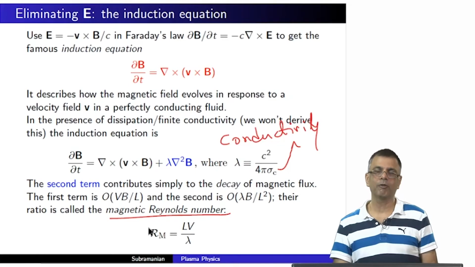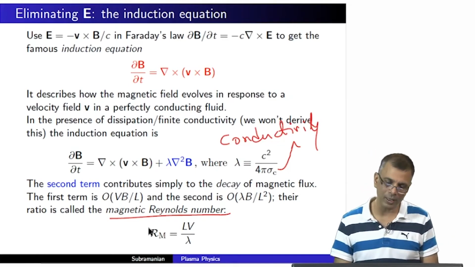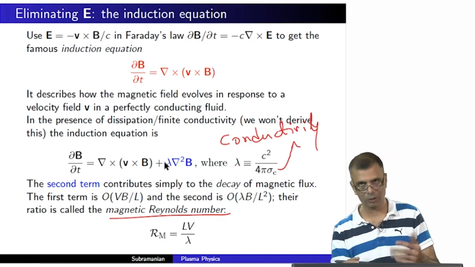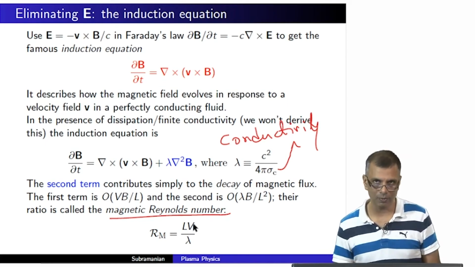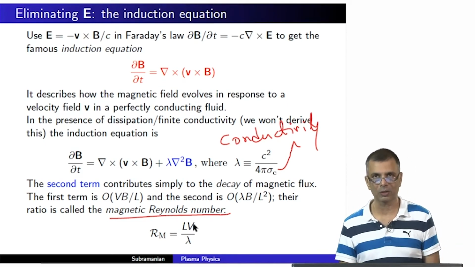And for a highly resistive fluid, where the conductivity is finite and lambda is large, the magnetic Reynolds number conversely is small. So, infinite conductivity, infinite magnetic Reynolds number, that is how it goes.